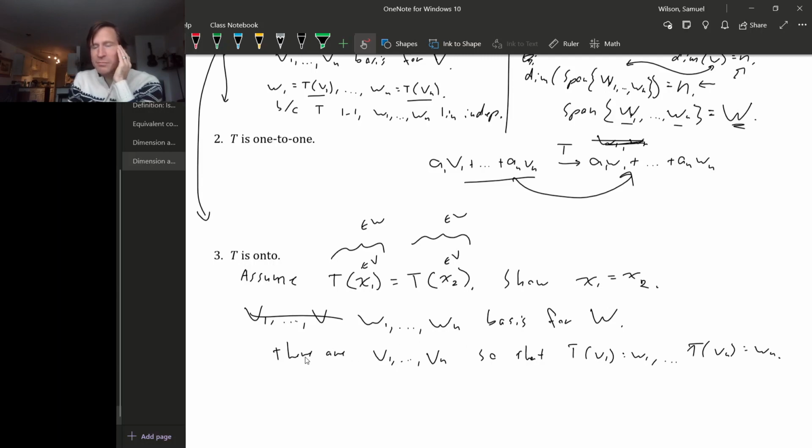Okay, but something that we showed about linear transformations is if you have linearly independent outputs, then your inputs had to be linearly independent. Well, our outputs are the w's, which form a basis, so they have to be linearly independent. So v1 through vn are linearly independent.